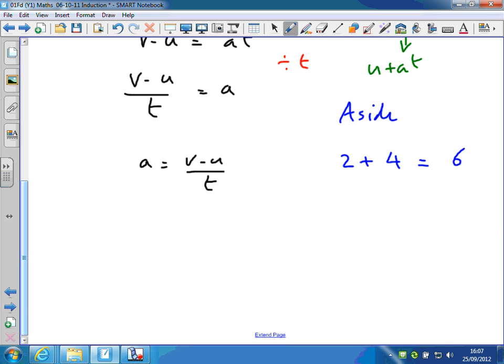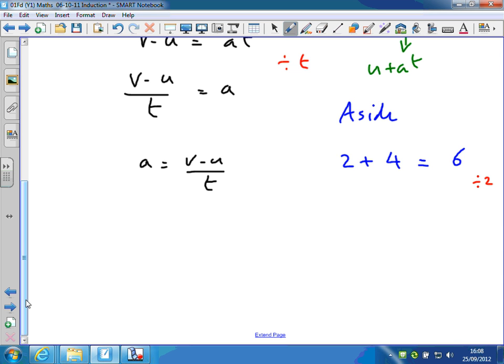Okay, that's true, isn't it? And I now want to divide both sides by 2. Remember I said, so long as you do the same thing to both sides, it can't matter. What have I got to do, though, to divide both sides by 2, for it to still be equal?